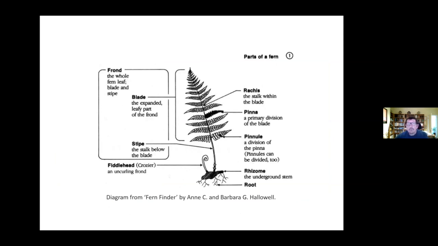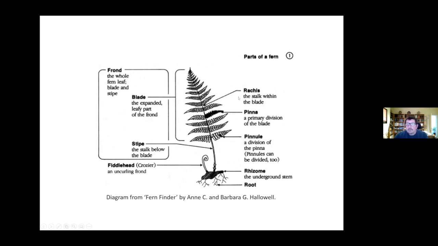So the whole upright part of the plant we see in the wood is called a frond. So it's the whole leaf shape, and that consists of a blade, which is the photosynthetic part, and a stalk. This is attached to a rhizome, which is a creeping rootstock, and that has roots.